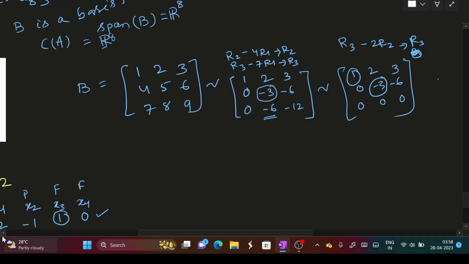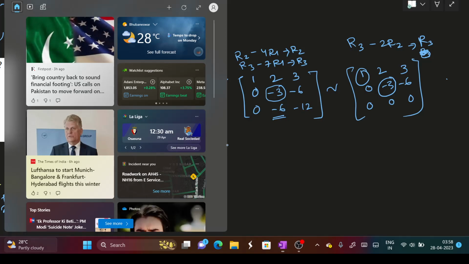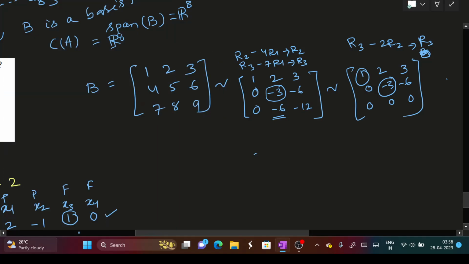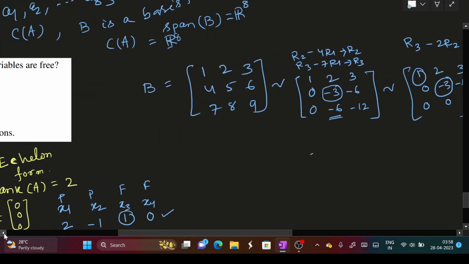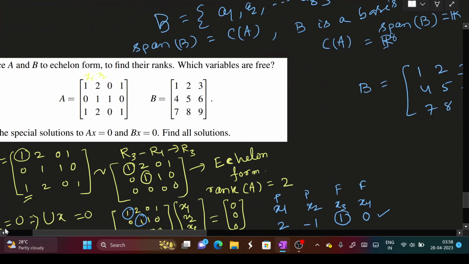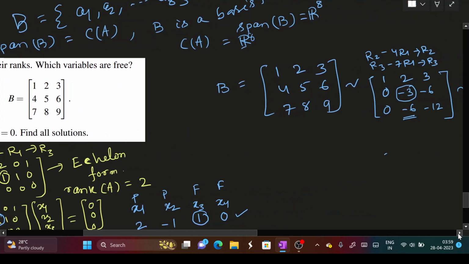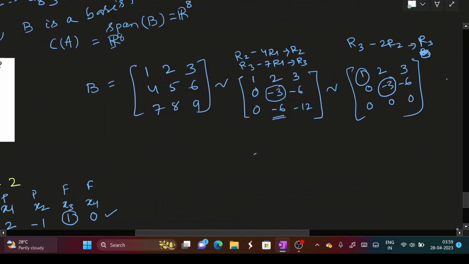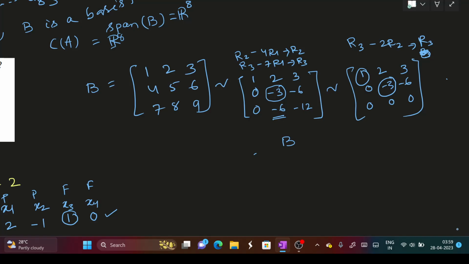So it is asking for rank. Find the rank. So what is rank of B? Rank of B is equal to 2. And I have to multiply this with x1, x2, x3 to get 0 vector.